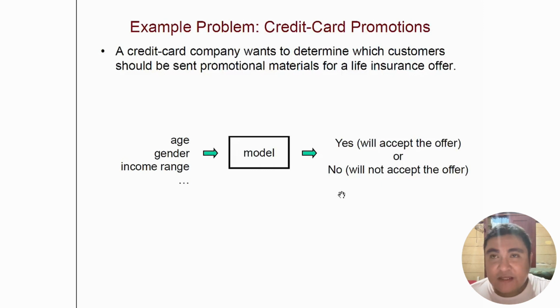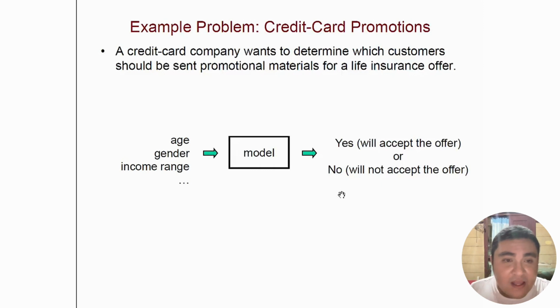The company can send all of its customers the details on life insurance, but it will be more strategic to target only a certain demographic, because not everyone will avail of that product. To address that, they will do data mining, and with the records in their database, they will predict whether a customer is likely to get life insurance or not.